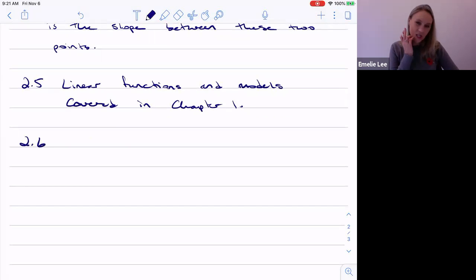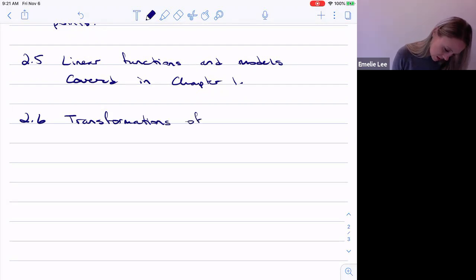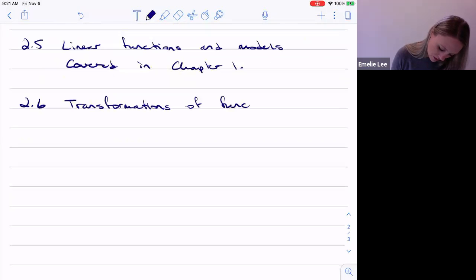Putting us at 2.6. Just steaming through here. Transformations of functions.